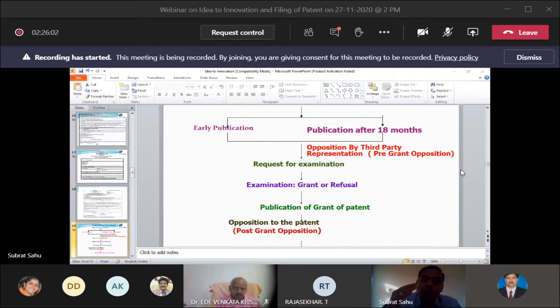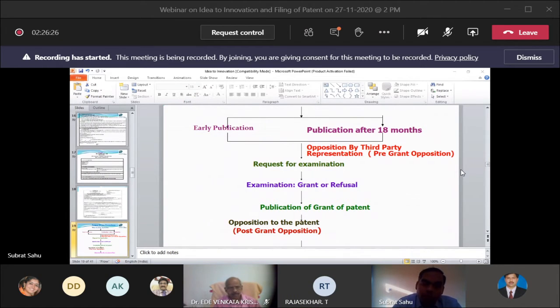Until and unless your application is published, it will not get examination. So if somebody requests early publication by filing Form 9, within a month he is ready to file Form 18. After filing Form 18, his application will get examined.